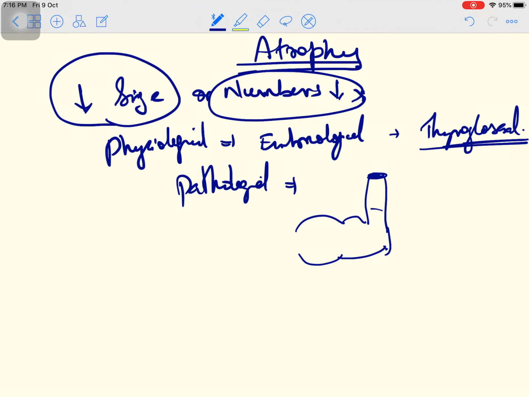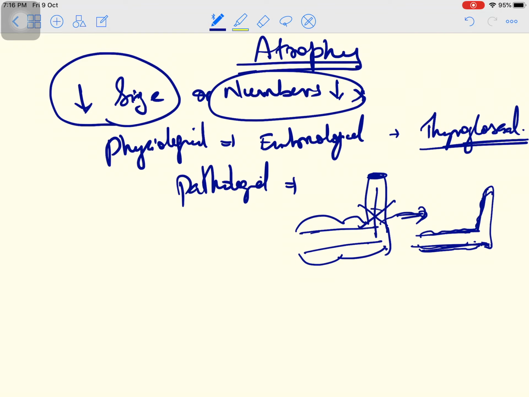So this guy is a very strong person and he has hypertrophied muscle. Suppose he fell down and broke his bone, and his hand is in a cast for 2 months. What happens is there is no use of his hand. His hand is kept immobile. So there will be disuse atrophy, and he will lose all this musculature due to the atrophy of the muscles.